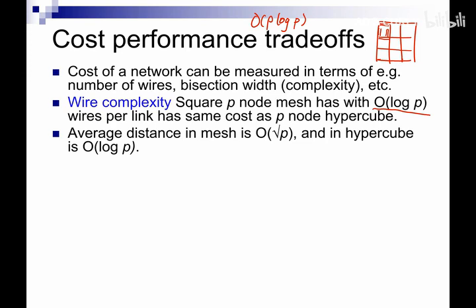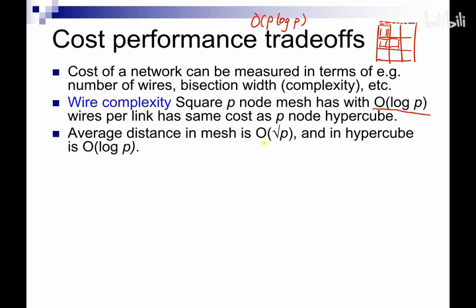But let's look at their costs using different metrics, for example the average distance. The average distance between two nodes in a mesh is going to be order root p. Even though we've added all these additional edges, they're not going to reduce the distance between any pair of nodes, because any path that you took before, you would still have to take the same path in the mesh.